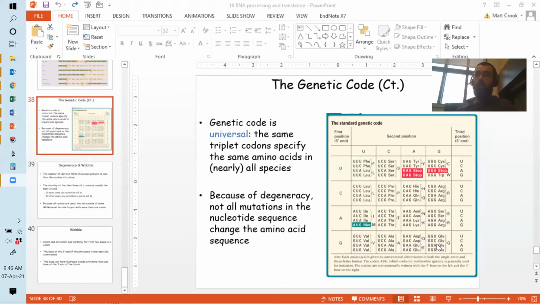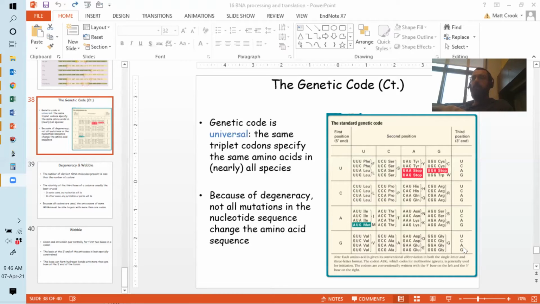That's called wobble. So the degeneracy part is the fact that you can have more than one codon encoding the same amino acid. But that doesn't always mean that it's just the third base that differs. If you look at leucine up here, the first base also differs, so this isn't an issue of wobble, this is just called degeneracy.